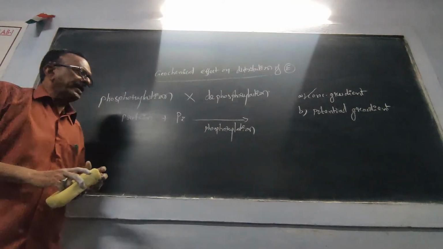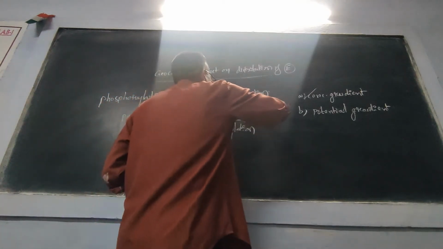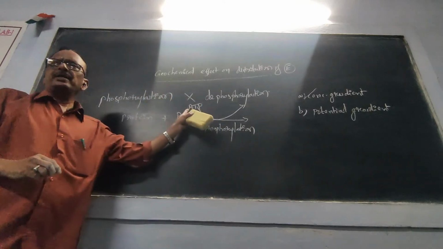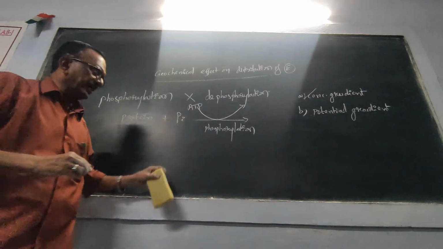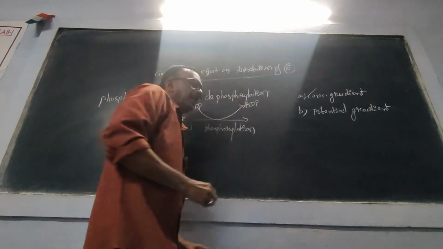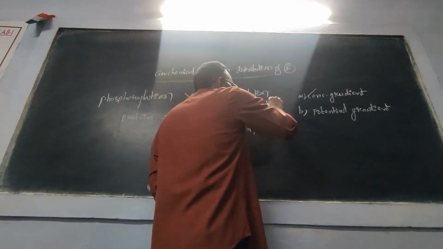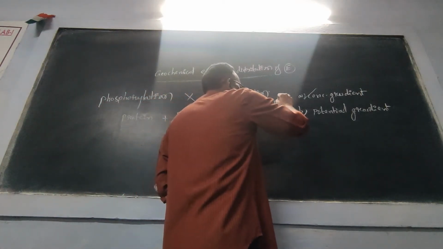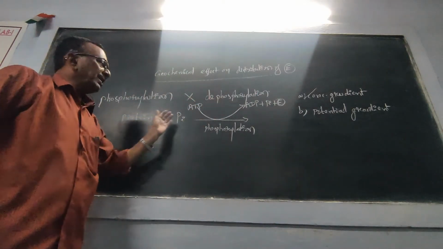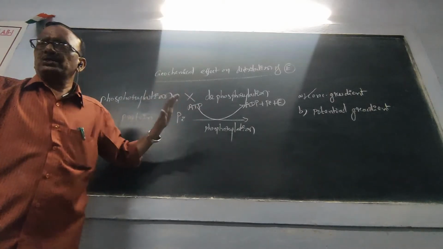Generally this requires energy. So we write like this: ATP, adenosine triphosphate, will break down and form adenosine diphosphate and inorganic phosphate, and it releases energy. That energy will carry out the remaining process, that is migration of ions.